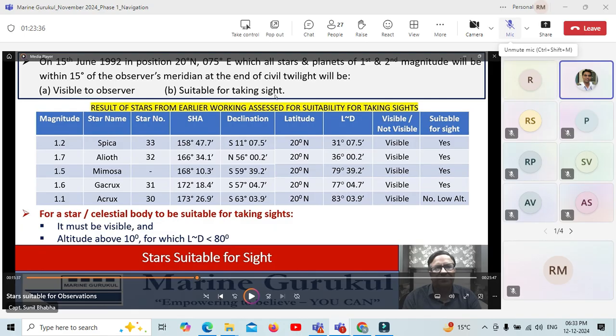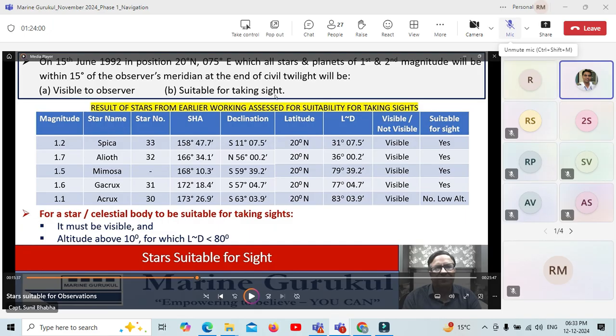Okay, sir. Is there any specific reason why we should not take a low altitude? Okay, beta. Do you have the almanac with you? Yes, sir. Just open the first page, page 1.